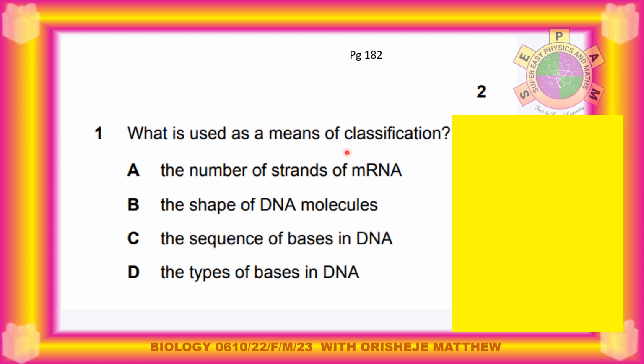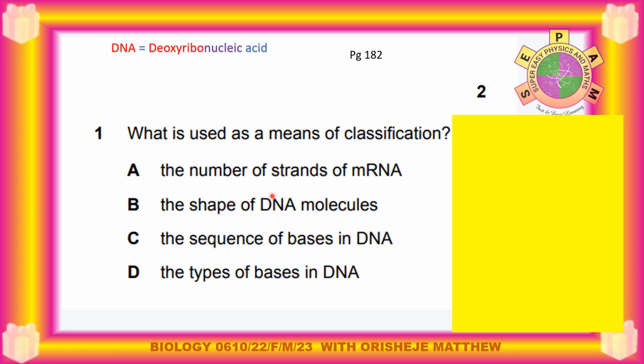The first one that we are used to is the use of morphology, the external feature of the organism. Then the second means of classification is the use of anatomy, which is the internal structure of the organism. But the third means of classification is what is being tested in this question. So let me just explain it so that you can understand it better.